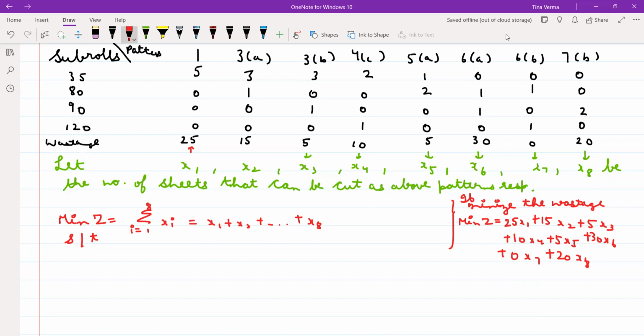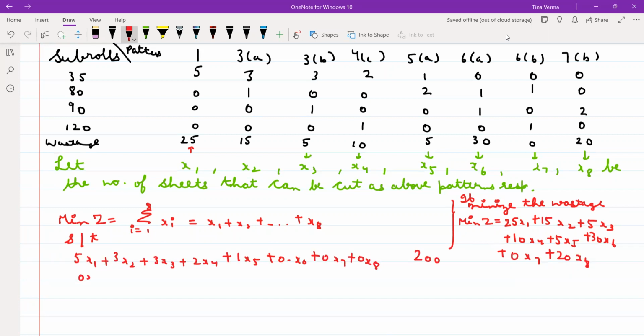So what will your constraint become? That will be 5X1 plus 3X2 plus 3X3 plus 2X4 plus 1X5 plus 0X6 plus 0X7 plus 0X8, and your requirement is 200.